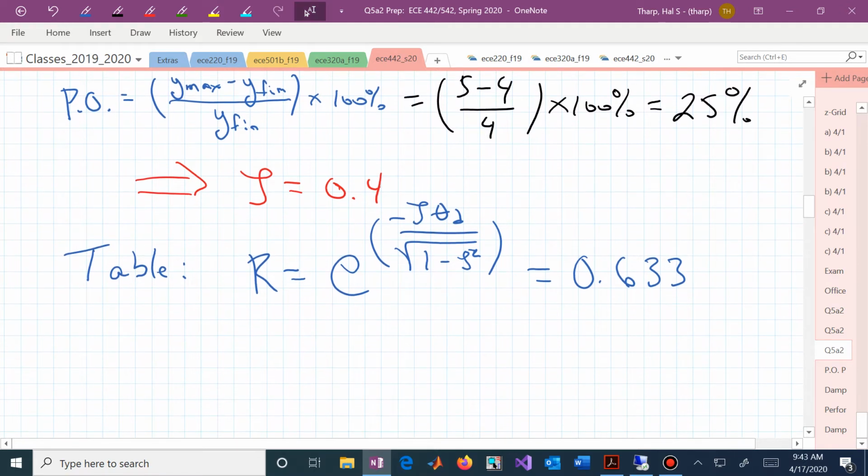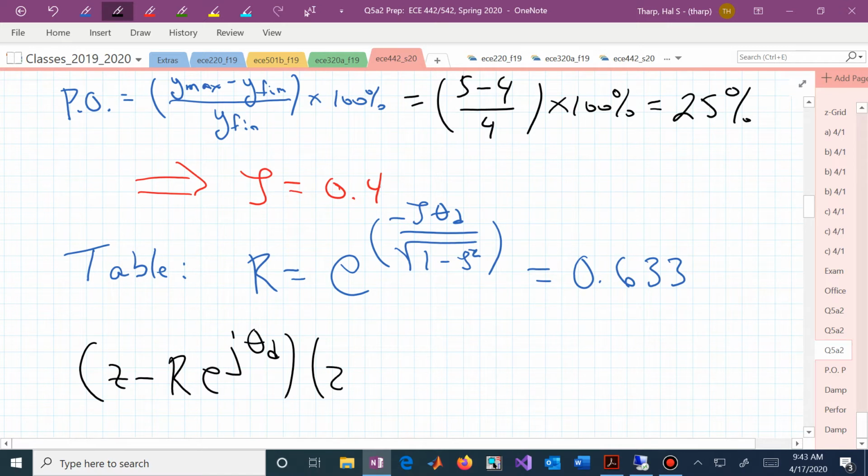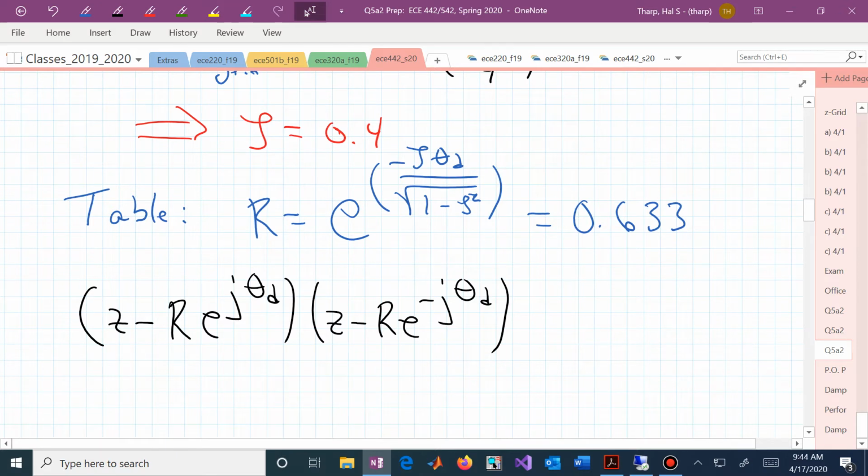Well, now we can say, oh, we now have z minus r e to the j theta sub d and z minus r e to the minus j theta sub d as our quadratic. Those are our 2 unique poles. We have one in the first quadrant. We have its conjugate in the fourth quadrant.